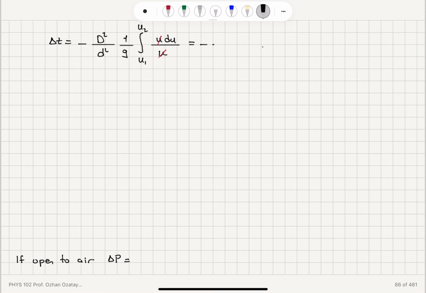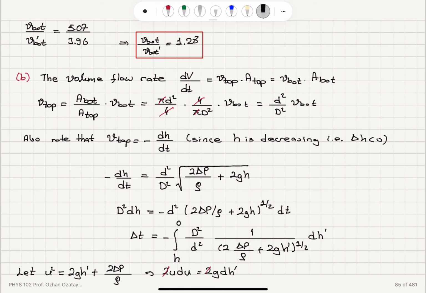So minus capital D squared over d squared, 1 over g, square root of 2gh prime plus 2 delta p over rho, which will be evaluated between h and 0.